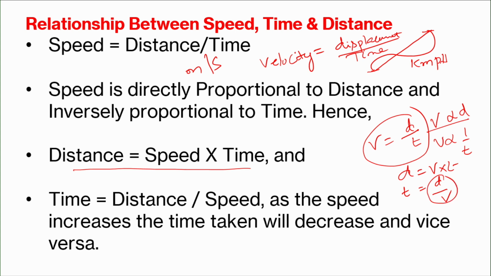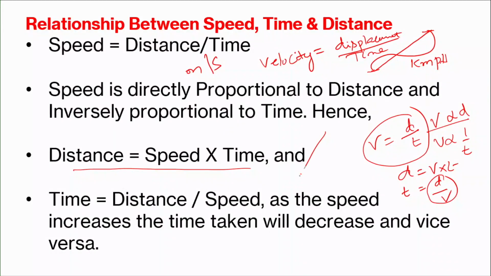So we have three formulas. Now I am drawing a triangle here, like this is a triangle, and this one is d, this one is v and this is t.